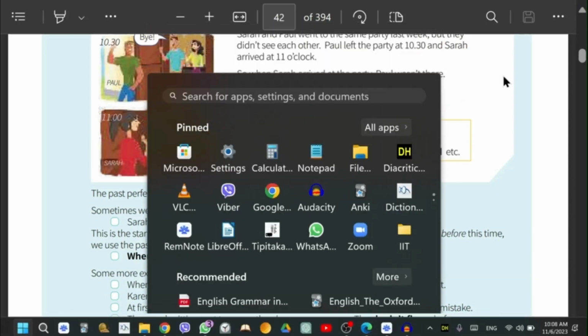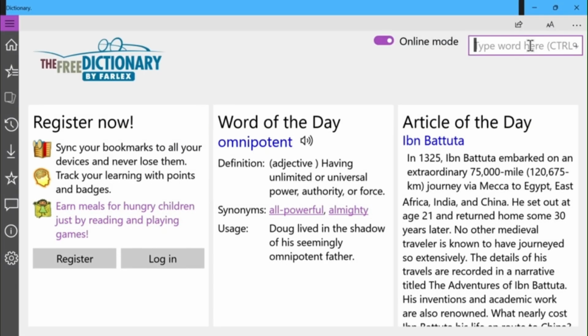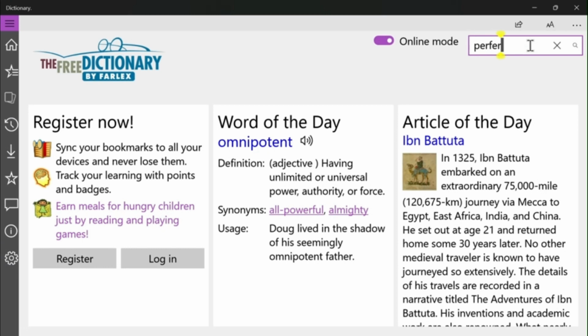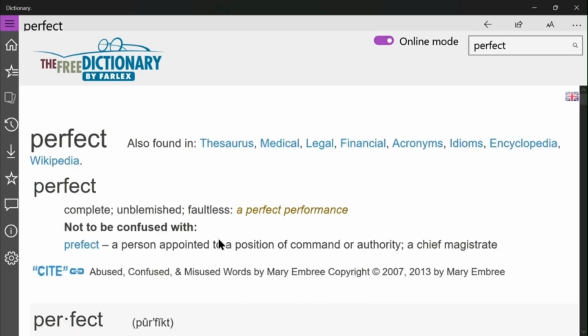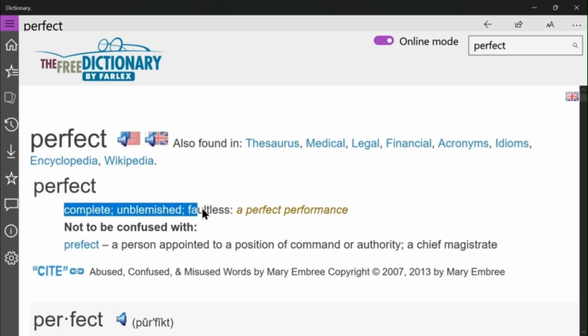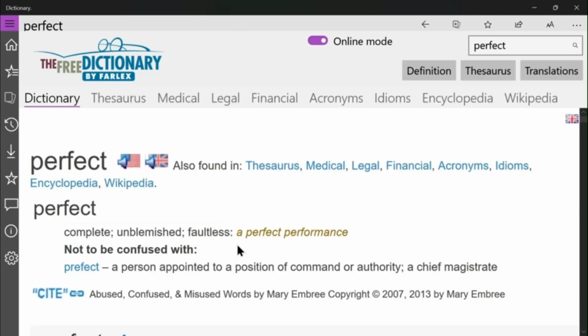Let me see if I can get an explanation why they use perfect here. This is the normal meaning of the word, but I don't think this is the meaning here.